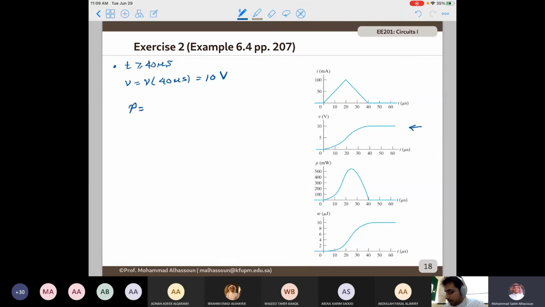The power will be 0 because the current is 0, and the energy will be 1/2 CV squared. It's going to be 10 microjoules. So you can see here that throughout the whole interval, the capacitor is actually storing energy.